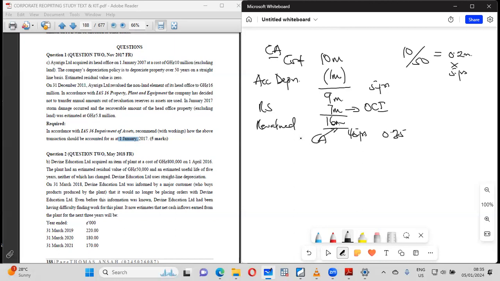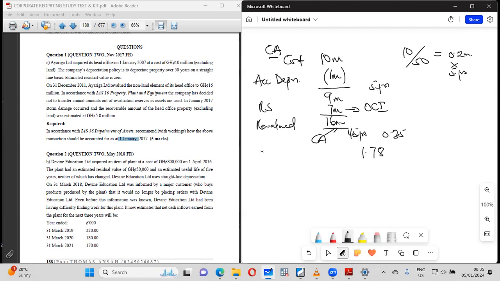So we have 2012, 13, 14, 15, and 16. So that one too is multiplying 5 years. So that is that. And that gives me 1.78 rounded.